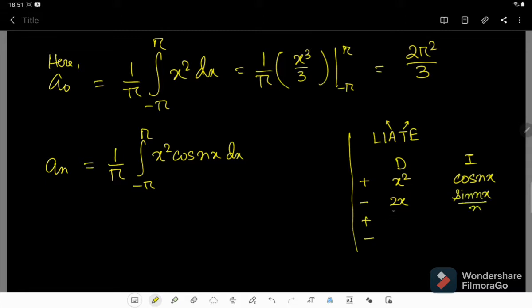Now, again we take the derivative of 2x, which is producing 2, while integration of sin nx by n is producing minus cos nx by n square. And further derivative of 2 produces 0, and integration of this thing will produce sin nx by n cube. Now, I have to do this thing.